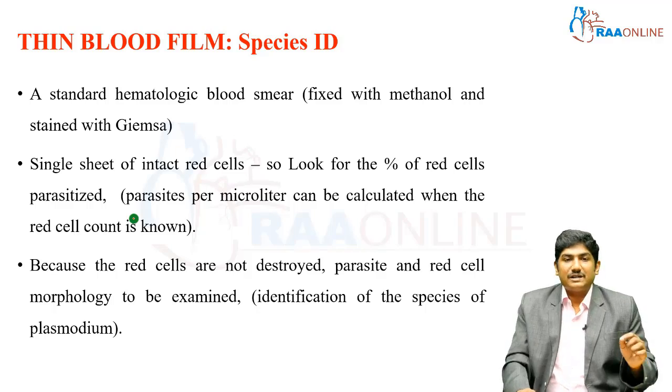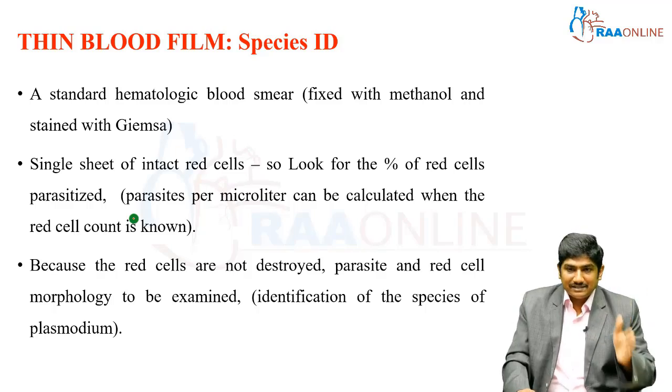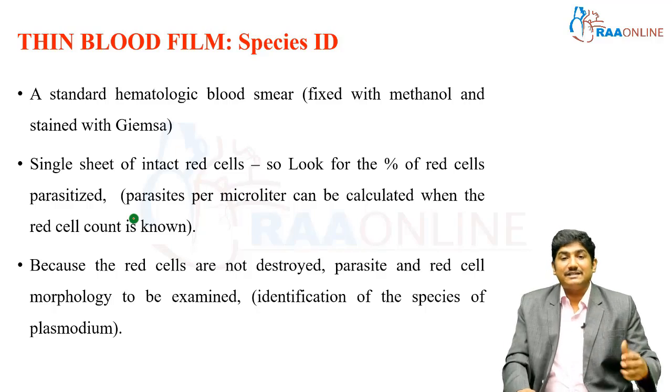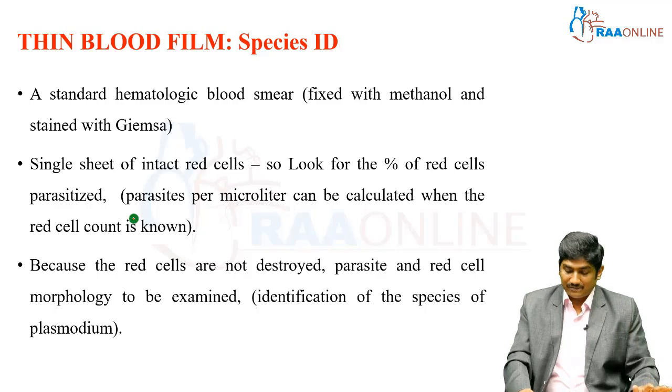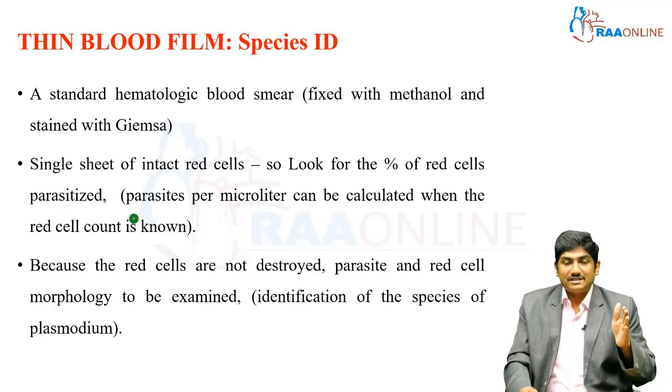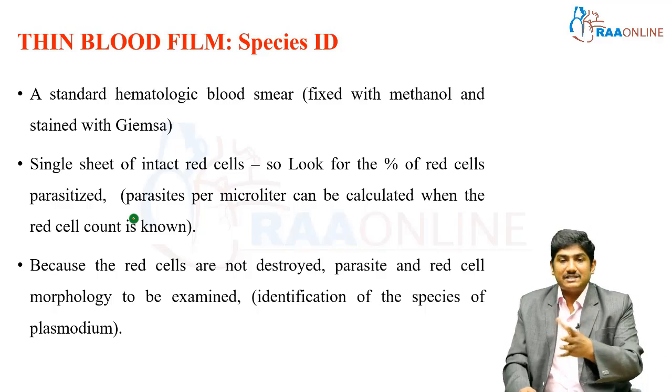The parasites per microliter can be calculated when the red cell count is known. Because the red cells are not destroyed and look intact, the parasite and the red cell morphology can be examined easily. This helps in identification of the species of Plasmodium, so we'll know whether we are handling falciparum or non-falciparum malaria.